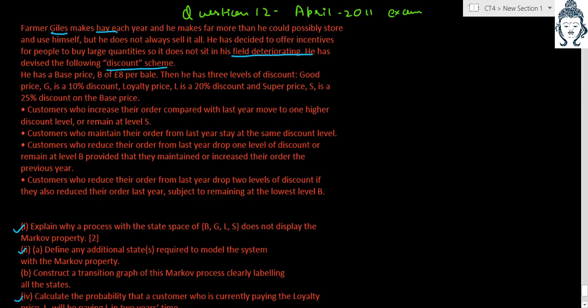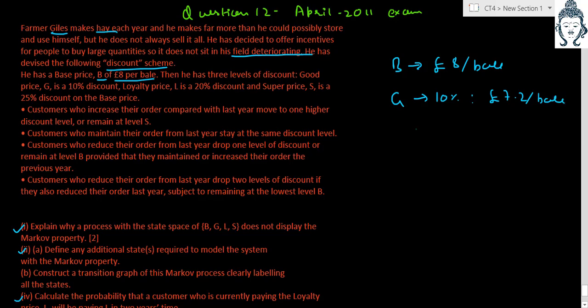He has a base price of B, and that is 8 pounds per bale. Then he has 3 levels of discount. The 3 levels are G, good, if a customer is good, so he offers them a good price, that is 10% off. So this guy will be getting the hay at 7.2 pounds a bale.